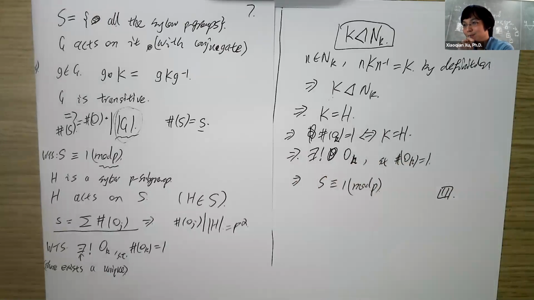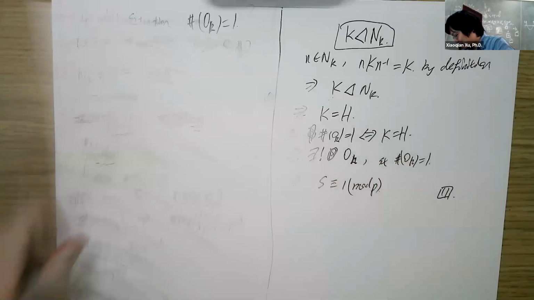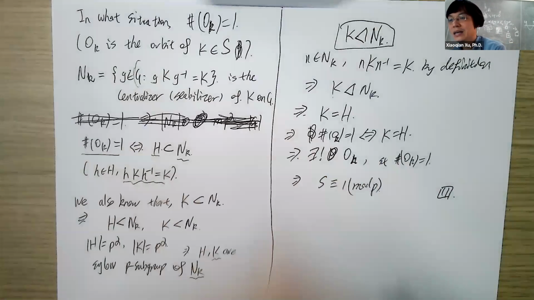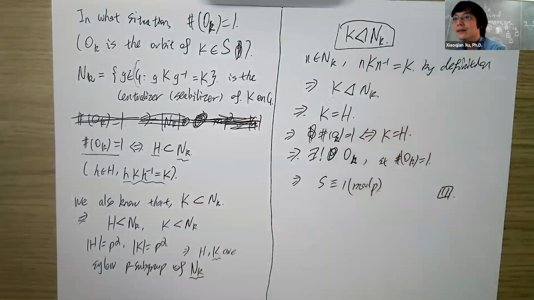Any question? I know this proof is kind of twisted, but if you try to check every step, you'll find that the idea is quite clear. We want to find for what kind of element the orbit has only one element. Then of course, if this is the orbit of this set by itself, then the orbit size should be 1.